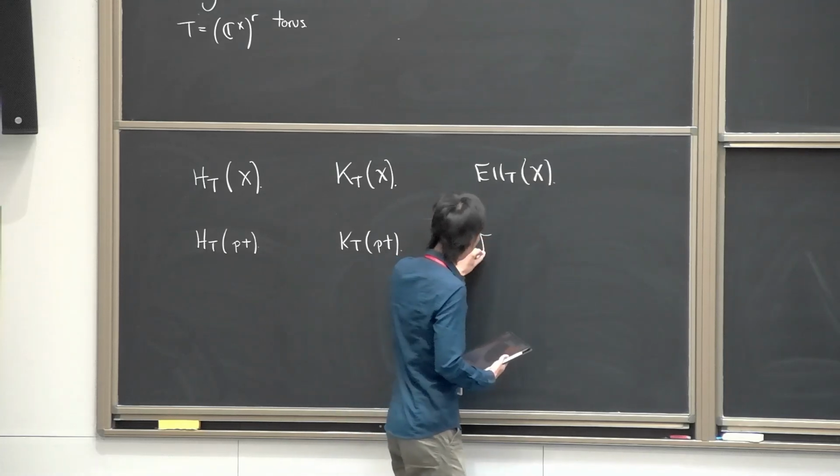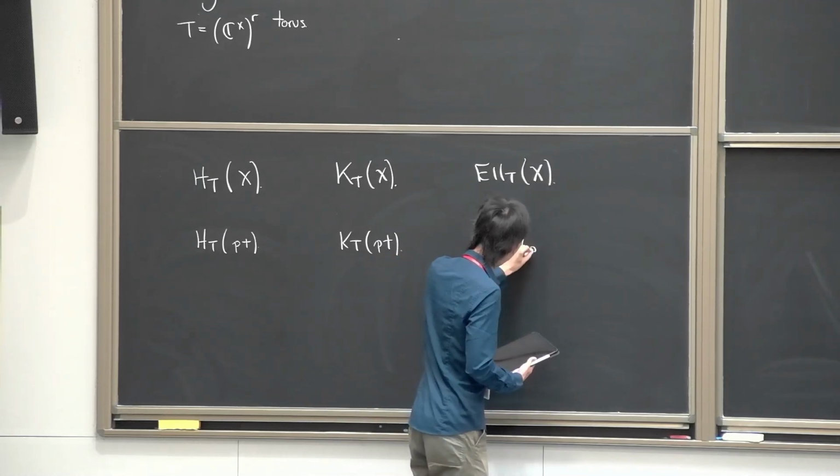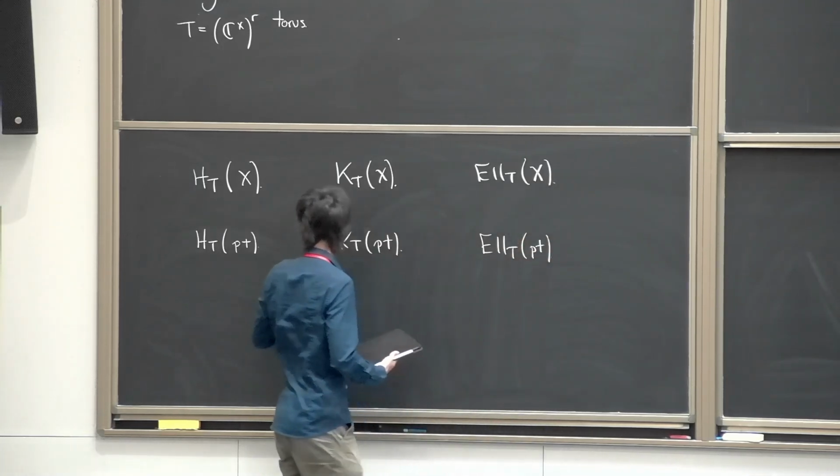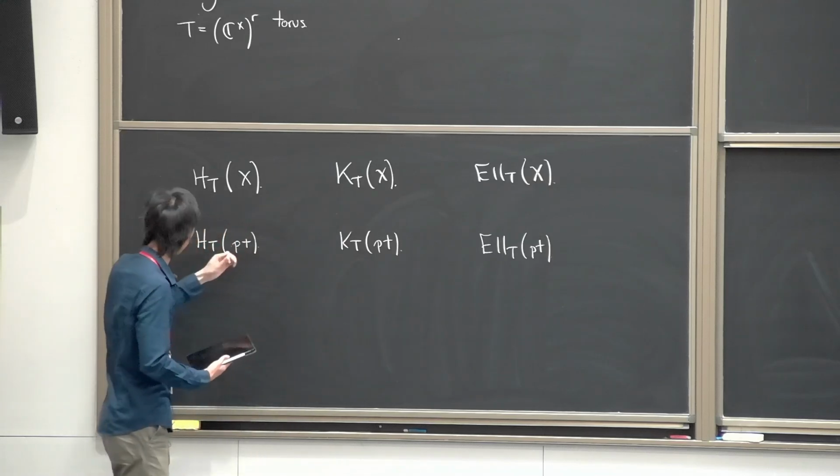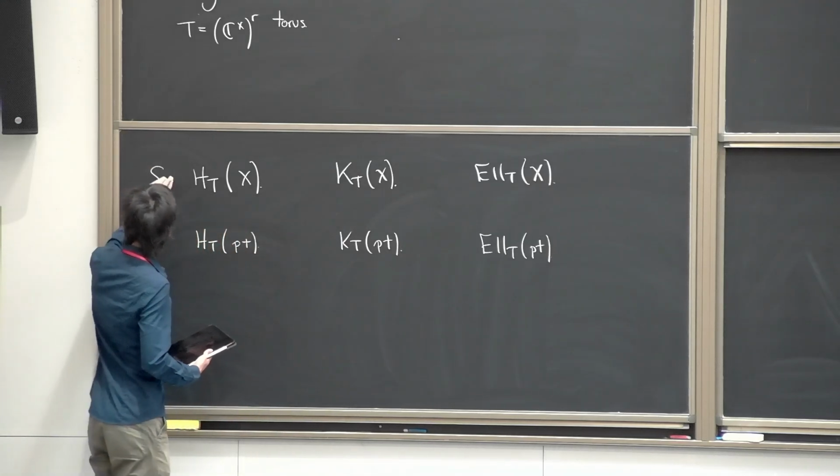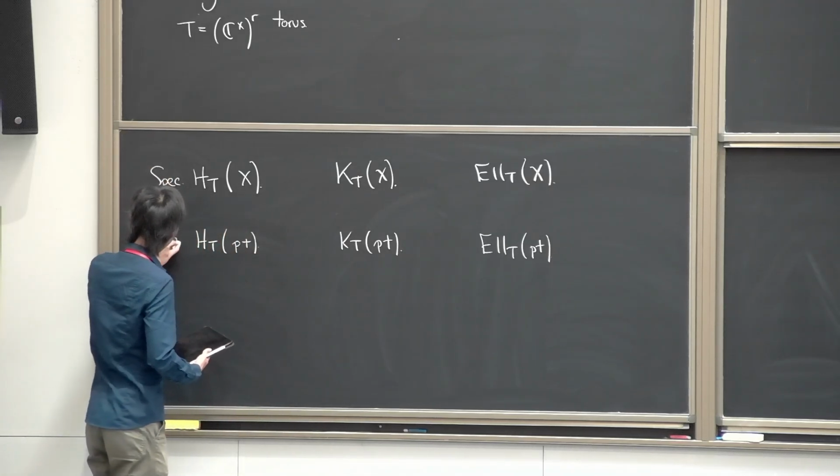And here there is going to be some T equivariant elliptic cohomology of a point. And to make somehow the comparison completely accurate, you should really be thinking about spec of these things.